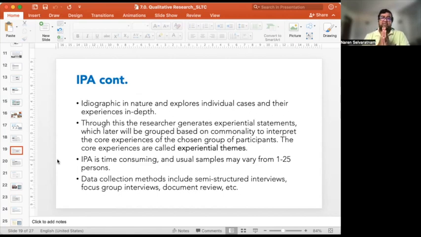It's extremely time consuming. I have been interviewing people in the last few months, and one interview goes for about an hour, and you have to transcribe it. Now, in some countries, if you are a native English speaker, your accent is really good, you would be able to very easily transcribe it using software.